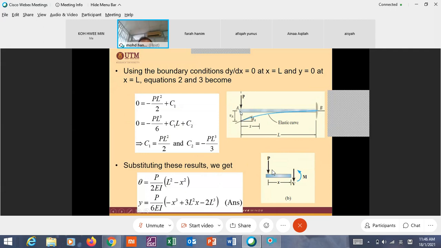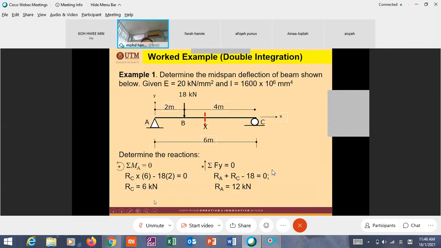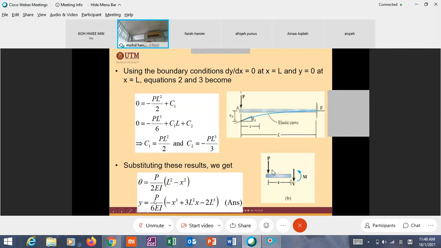When it is at A, where x equal to 0, you just change x to 0 here, and you have y maximum. It's not shown here.